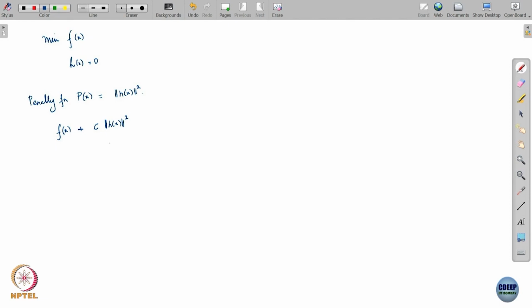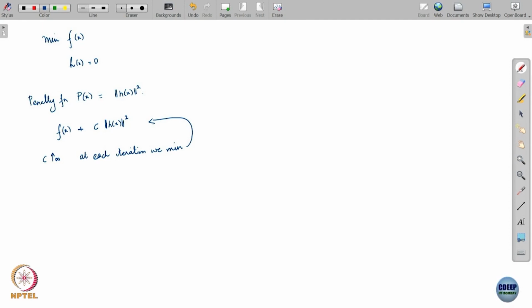And the idea is that we let c increase to infinity, and then at each iteration we minimize this particular problem, right.